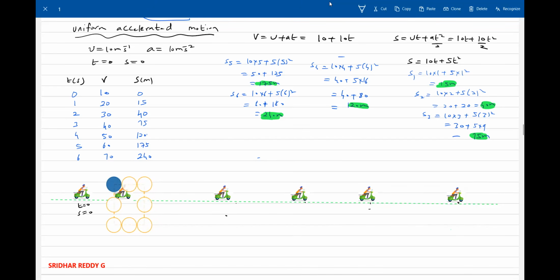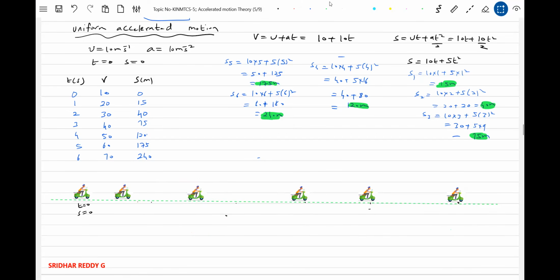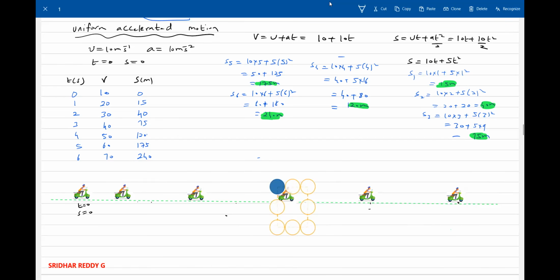Let me do like this. 40. 1, 2, 3, 4, 5, 6. I need a lot of space.